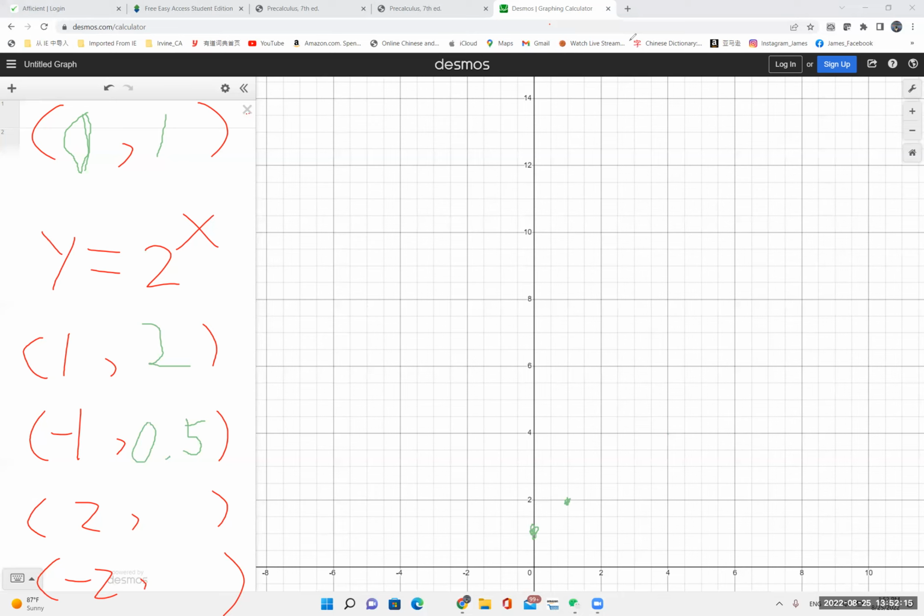Negative. And if it was 2, then it should be 2 times 2, 4. Yeah, when x equals 2, y is 4. 2 times 2.